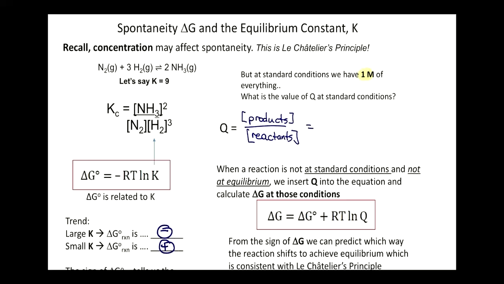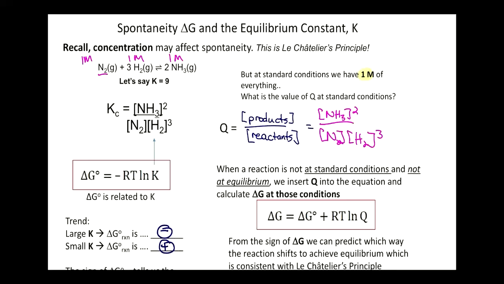At standard conditions, we have 1 molarity of everything. 1 molarity of nitrogen, 1 molarity of hydrogen, 1 molarity of ammonia. So at standard conditions, we are actually not at equilibrium. If we do products over reactants, we can simply do the concentration of ammonia squared over nitrogen over hydrogen.